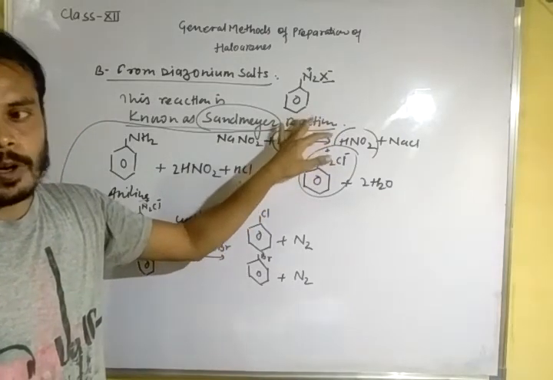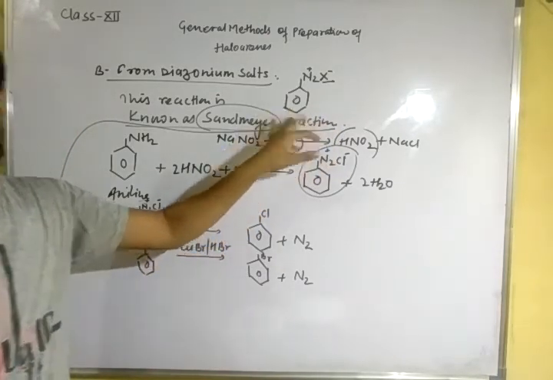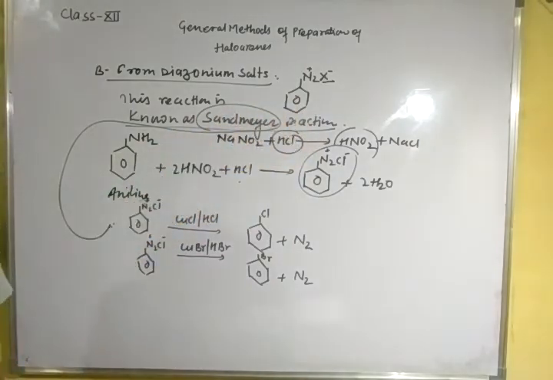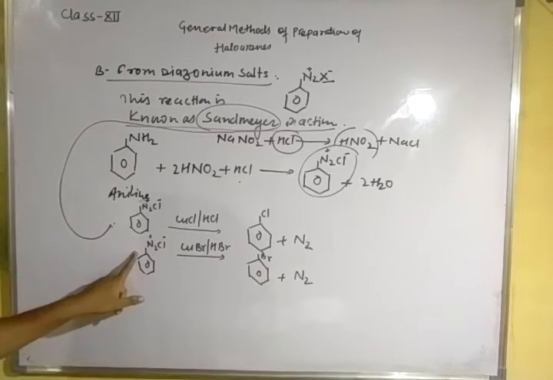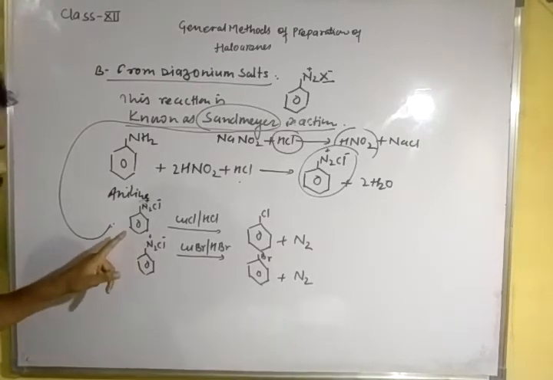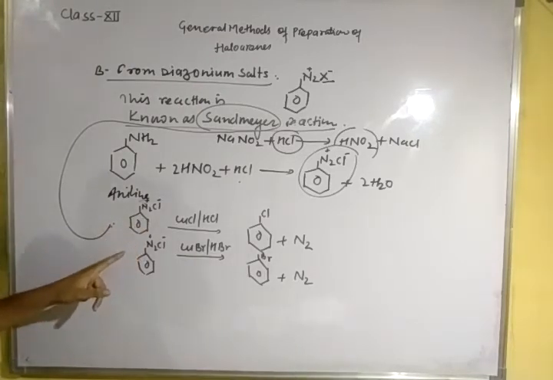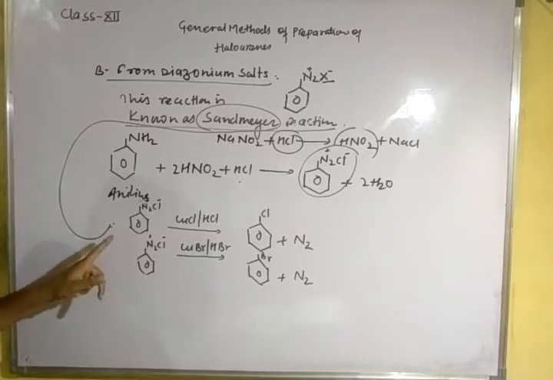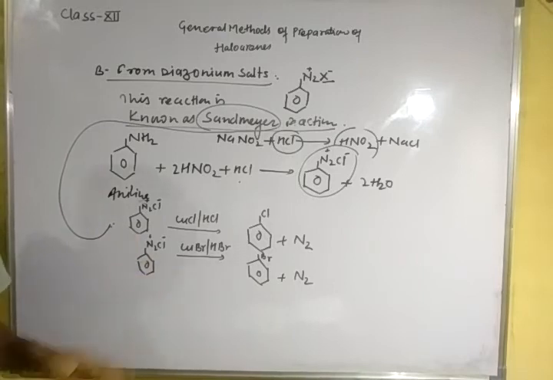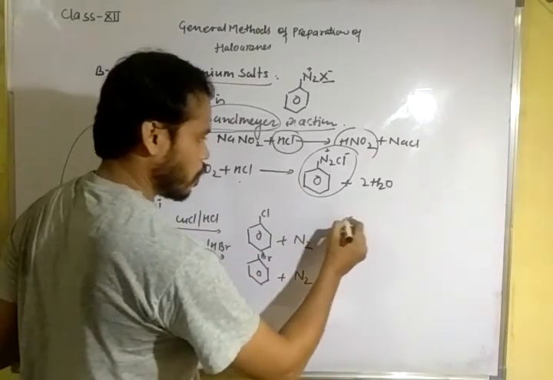A very important reaction. But in this case, when potassium iodide is treated with benzene diazonium chloride, it forms iodobenzene with the liberation of nitrogen and KCl. See the reaction here.